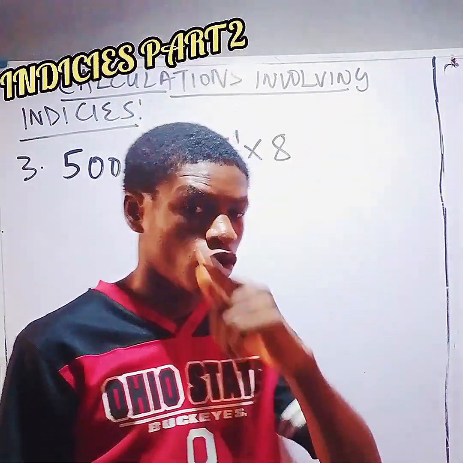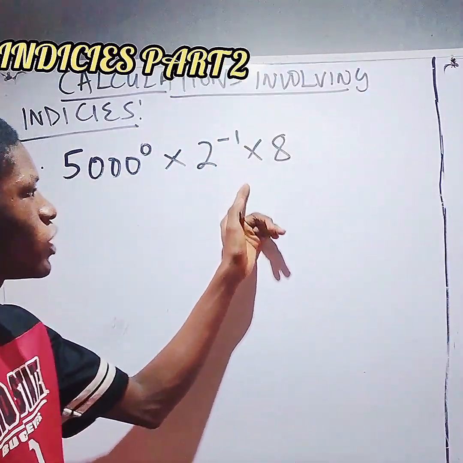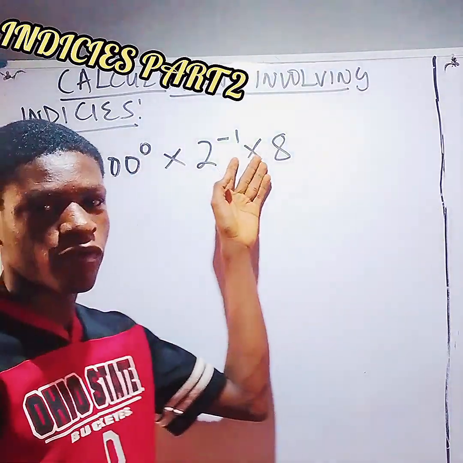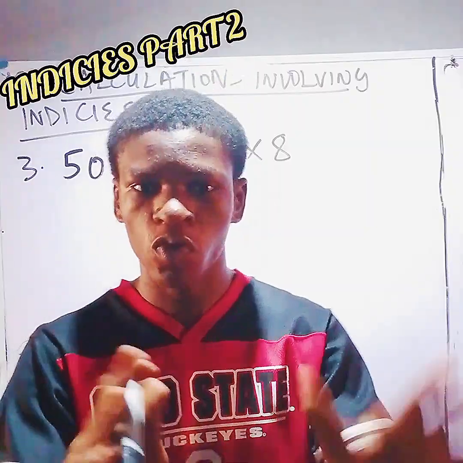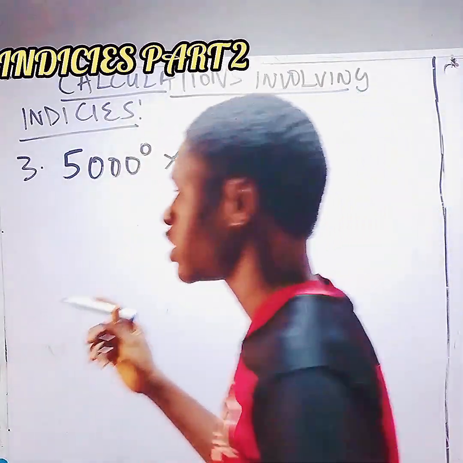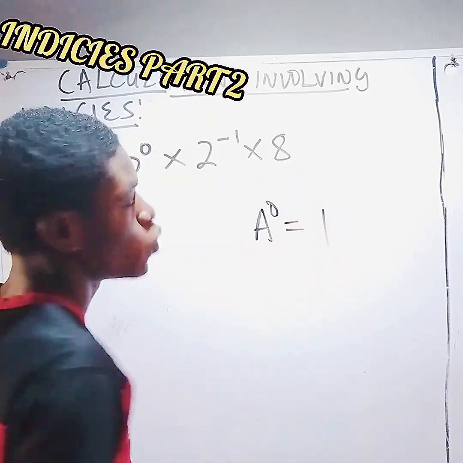Okay, number 3: 5,000 raised to the power of 0 times 2 raised to the power of minus 1 times 8. Another very simple one that we will enjoy. Now, 5,000 raised to the power of 0. Remember the 7th law: a raised to the power of 0 is 1.